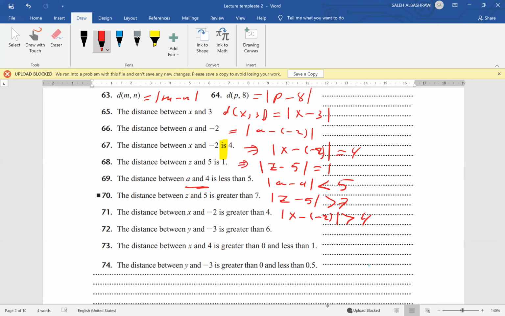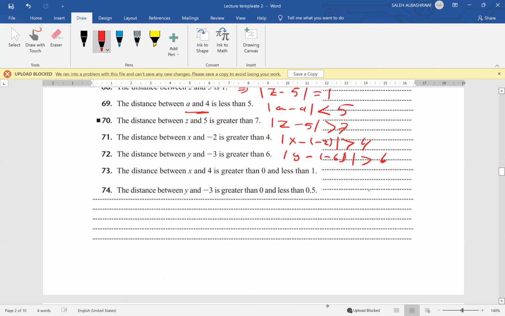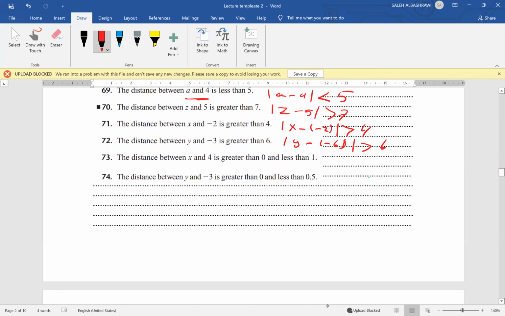For question number 72, the distance between y and minus 3 is greater than 6. It can be written as the absolute value of y minus minus 3 greater than 6. Number 73, the distance between x and 4 is greater than 0 and less than 1.